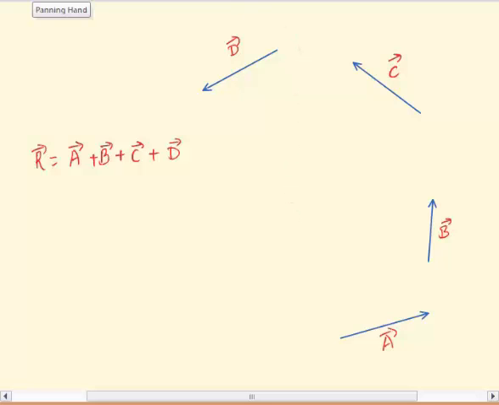So we'll select A vector, move it parallel to itself. So we start from basically this point. This is our initial point.